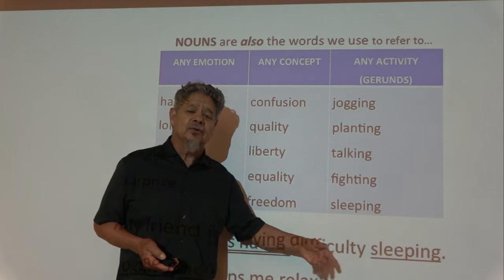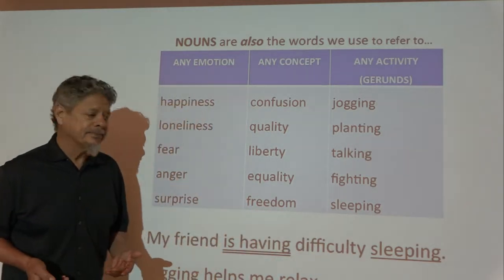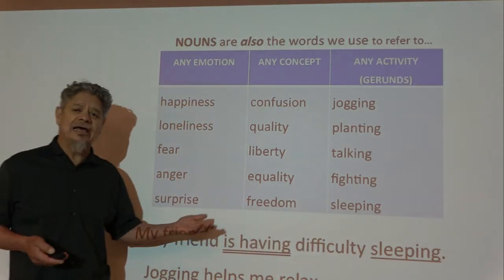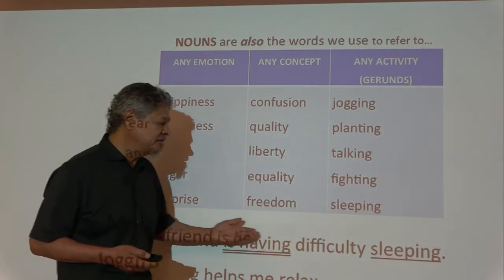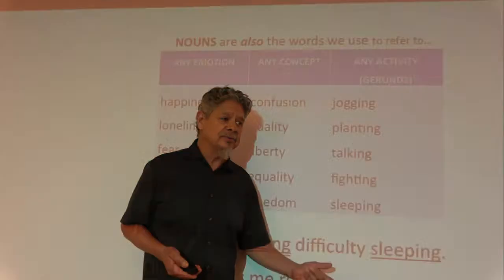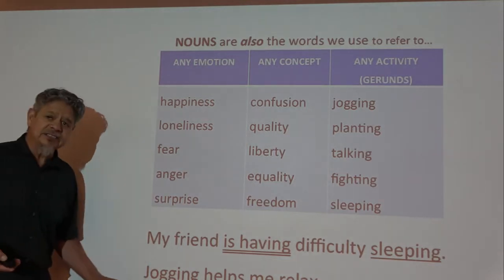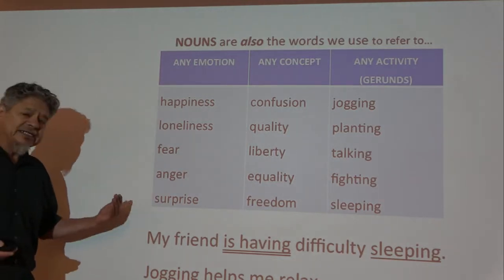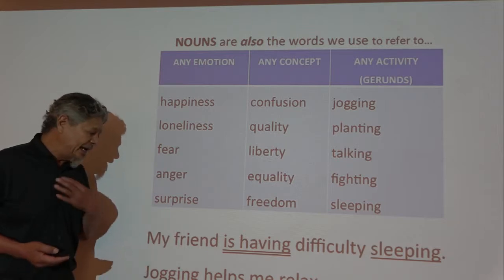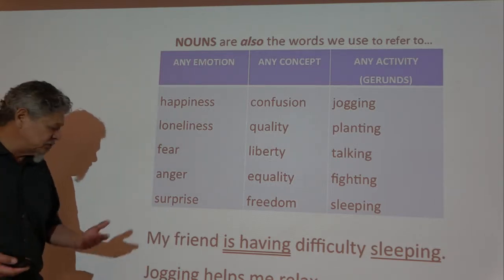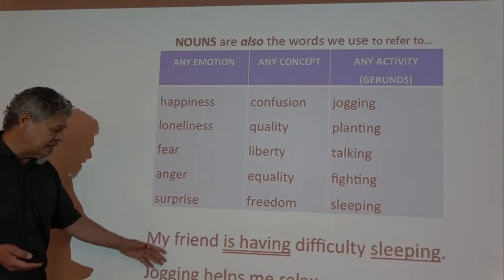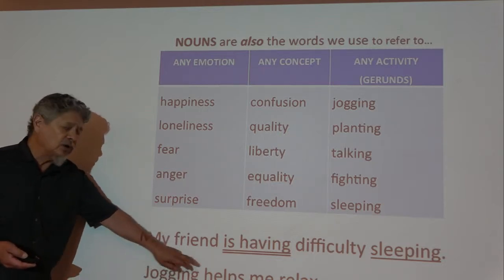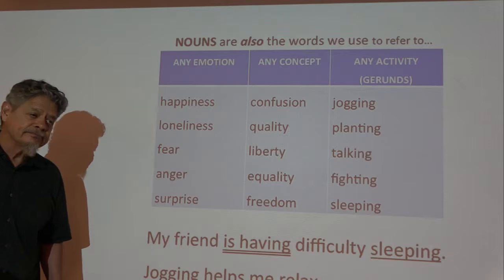But sleeping refers to the activity that my friend is having difficulty with, the activity. And so this makes sleeping a noun. And in this second sentence, the activity of jogging helps me relax. And so jogging, again, is by itself, and it's actually the subject noun of the verb helps.